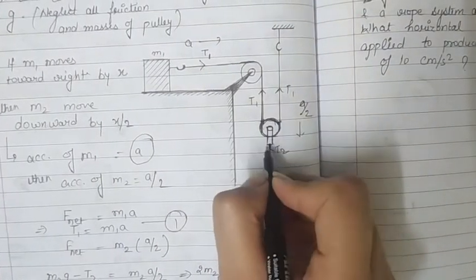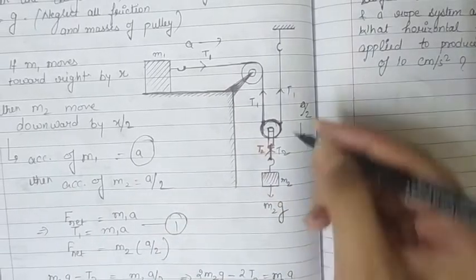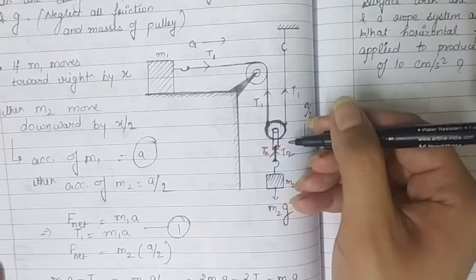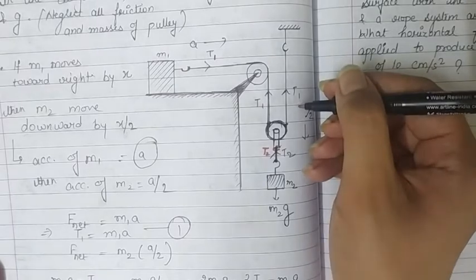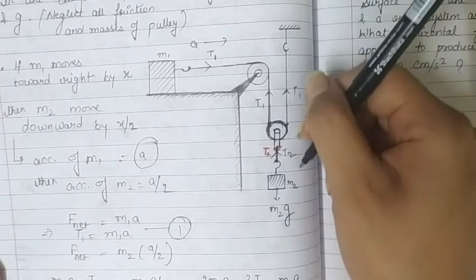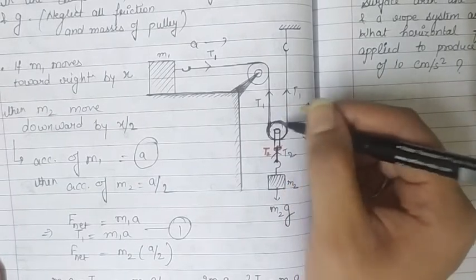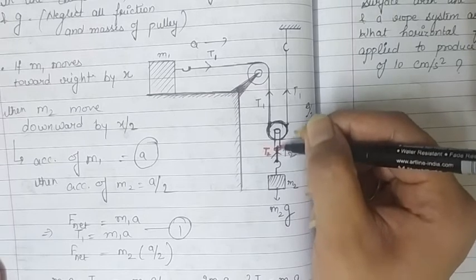At the point of contact with the pulley, equal and opposite tension will act in the rope, that means away from the pulley. So we have 2T1 in the upwards direction and T2 in the downwards direction at this point.